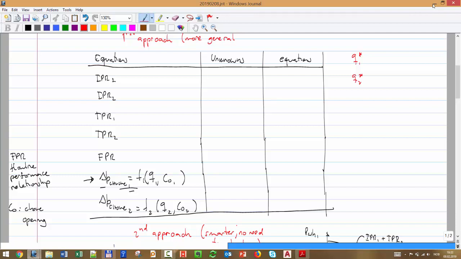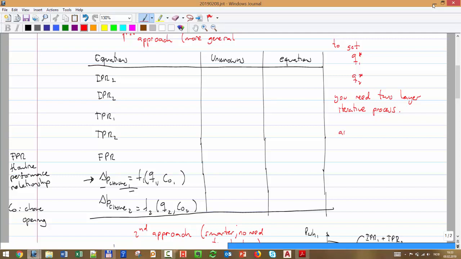This requires, to get Q1 and Q2, a two-layer iterative process. Okay, you need one to solve the network with a given opening.